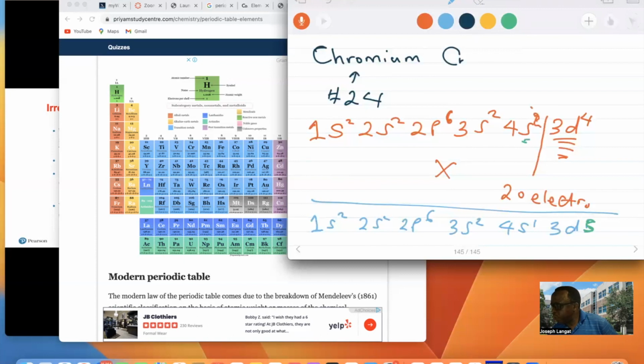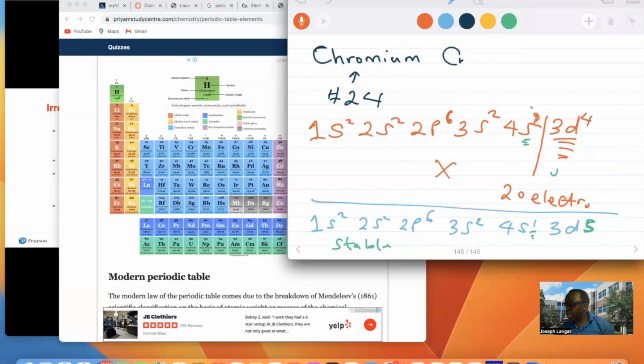I took one from the 4s2 to make the d sublevel half filled. Remember, d can take a maximum of 10 electrons. 5 is halfway. Therefore, instead of 4 and 2, when it is halfway, this is more stable.